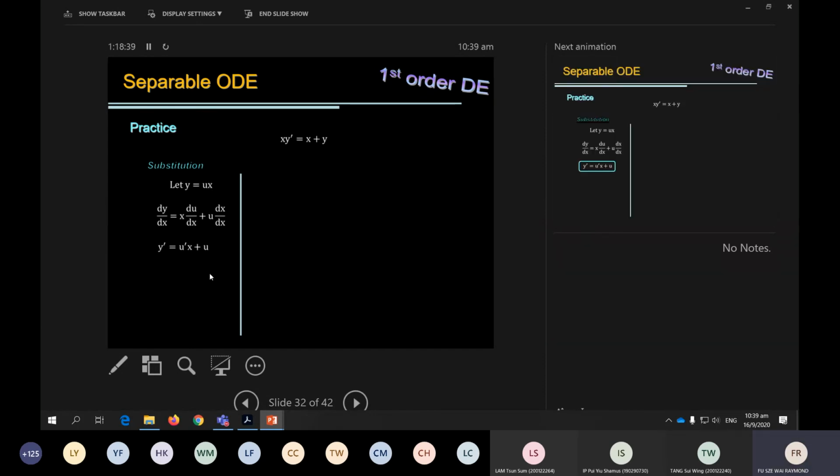By having such substitutions, you can simplify the form in this way by having the u. Then you can put it back. So you have y dash replaced by 1 plus y over x.